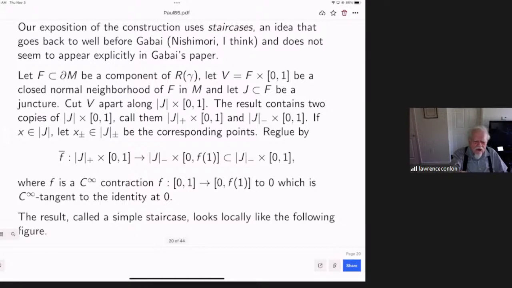It's a contraction to 0, and it's C infinity tangent to the identity at the point 0.